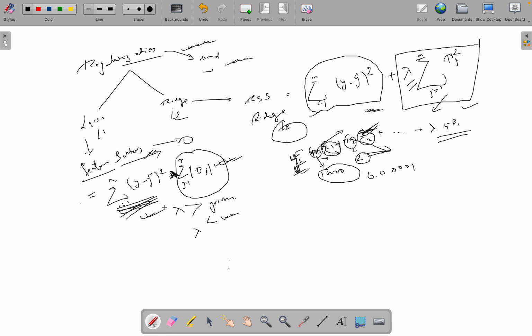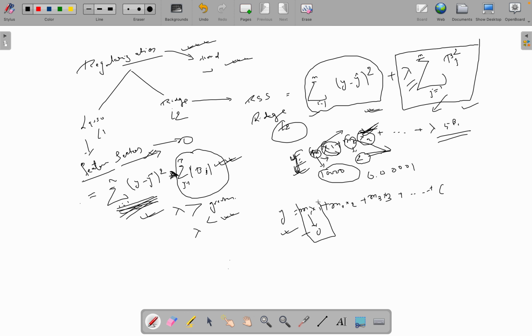Why, we'll see now. By feature selection, I mean suppose I have an equation y is equal to m1 x1 plus m2 x2 plus m3 x3 plus dot dot dot plus c. When you run lasso, it will make some of the coefficients 0.